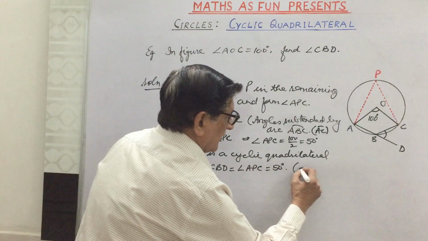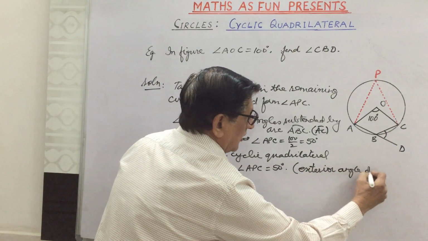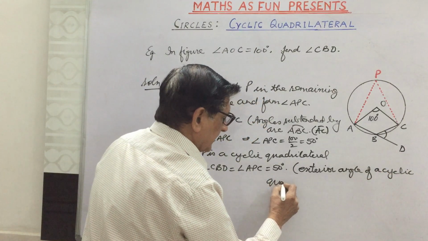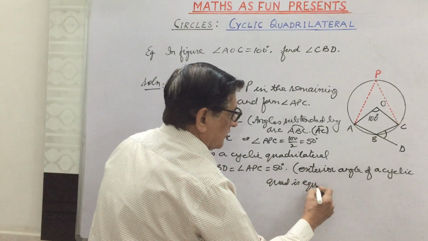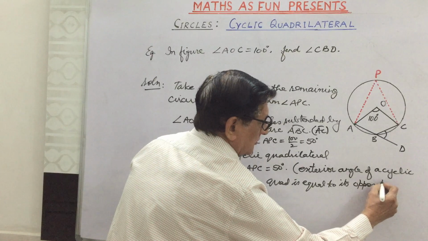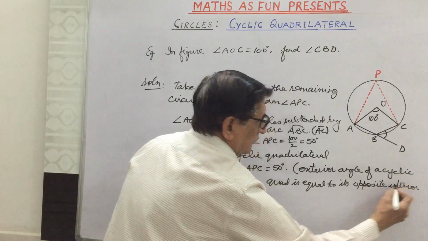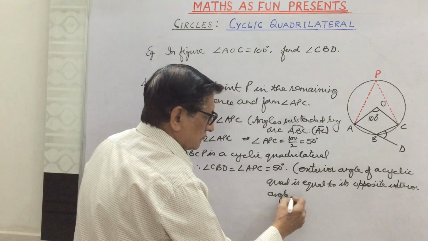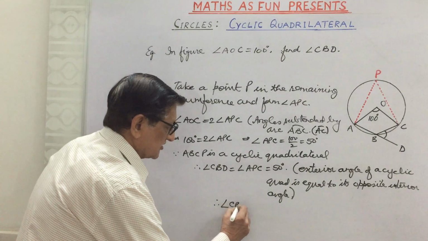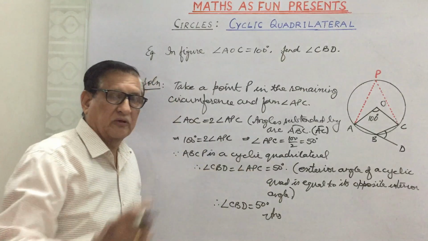We can write here exterior angle of a cyclic quadrilateral is equal to its opposite interior angle. That's the reason. And therefore we are finding angle CBD is equal to 50 degree. This is the answer to the problem.